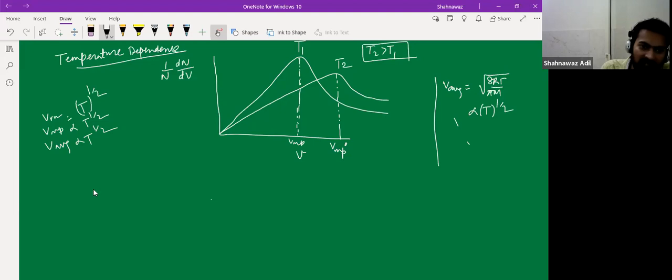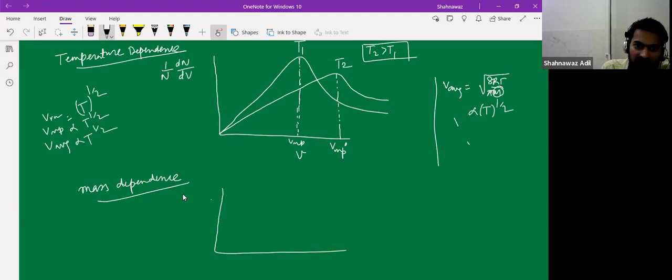And what is the mass dependence? As you saw, the most probable velocity is inversely proportional to the square root of mass. So it will be like this.